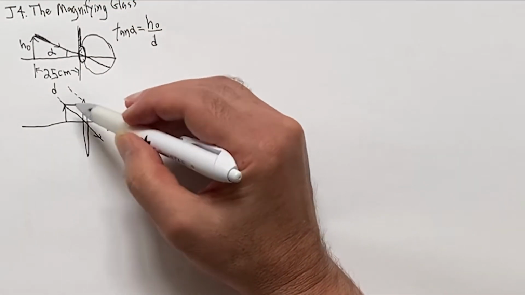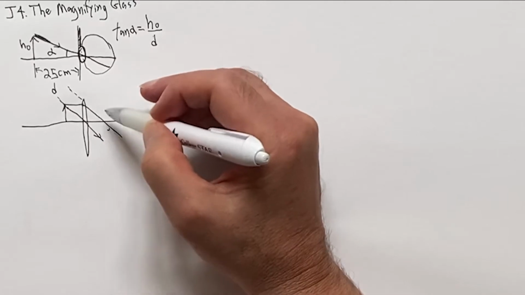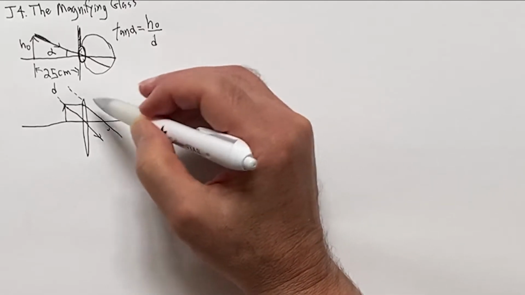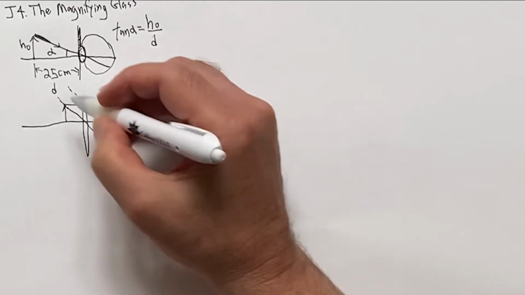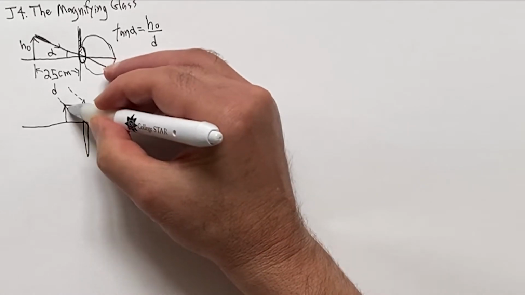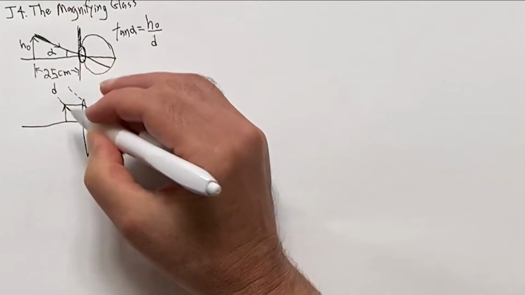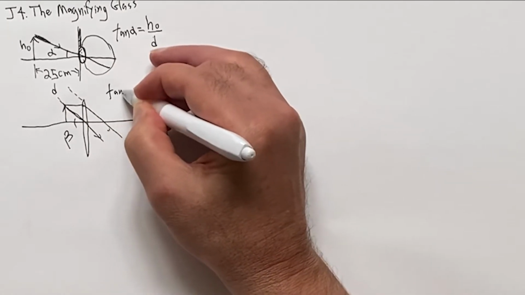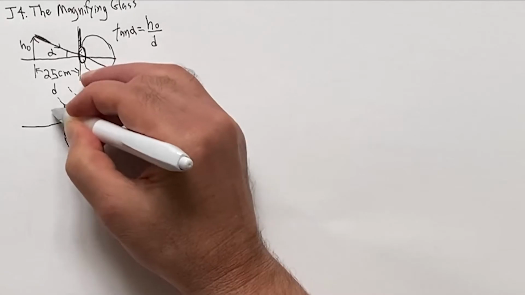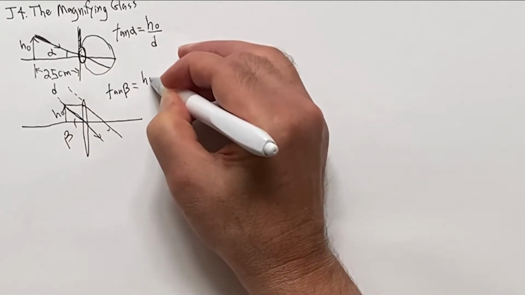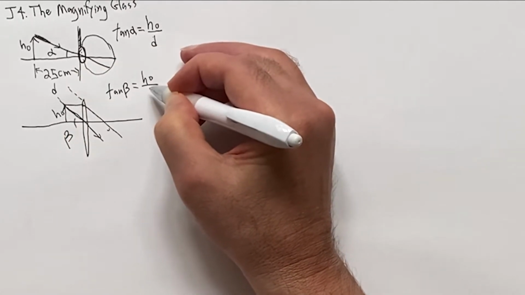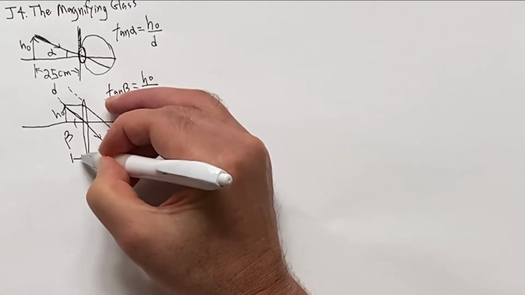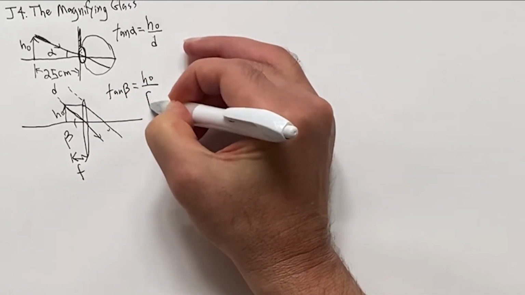Now, if the light comes out parallel, that's fine, because the eye can then do the rest of the job. But notice that this angle here is a steeper angle because you're closer. So the tangent of beta, this is the same object height, H_O, but now the H_O is over, this would be at the focal point, over F.